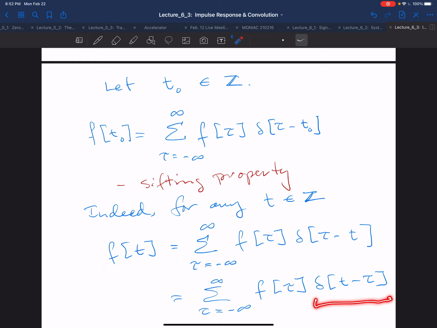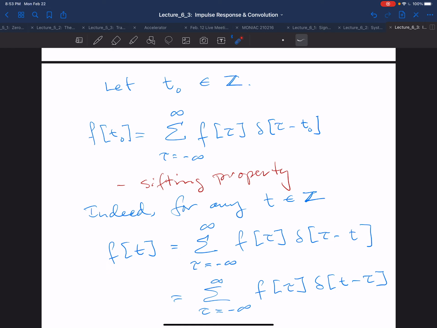So for every tau we have a different impulse function that is 1 when t is equal to tau, but otherwise 0. And we're scaling that impulse function by f of tau. So if we take all of these shifted and scaled unit impulse functions and add them all together through this summation, we get the function f of t itself.